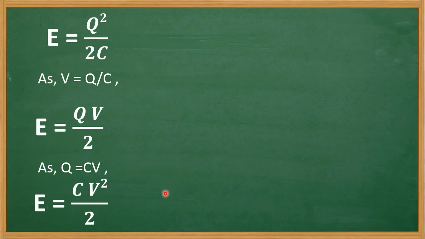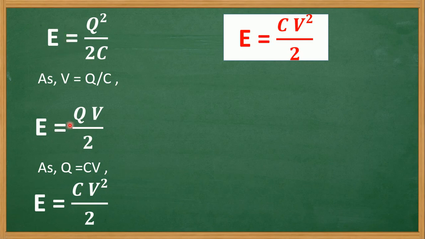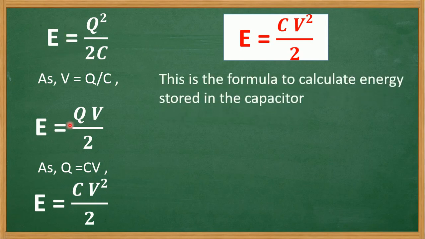So these are different forms of energy stored in the capacitor. From this equation, we can simply say E is equal to CV square upon 2. This is one form, but the other forms are also true. With the help of these formulas, we can calculate the energy stored in the capacitor.